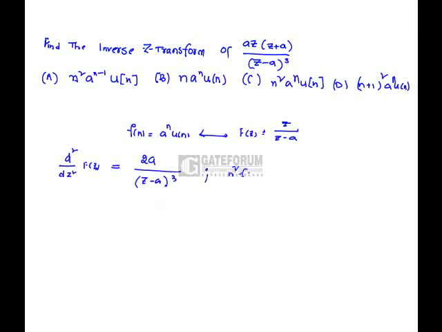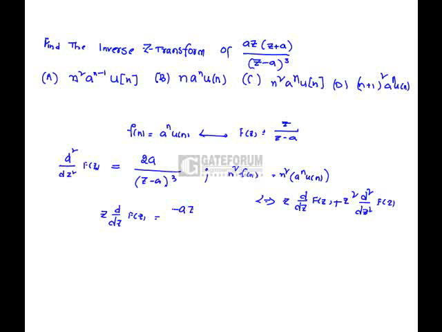n square f of n is equal to n square a^n u of n. If we apply the Z transform to this equation, we will get z d by dz F of z plus z square d square by dz square F of z. Z d by dz F of z is equal to minus az by (z minus a) whole square.